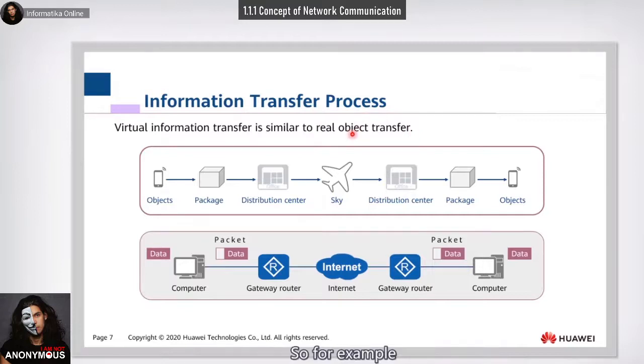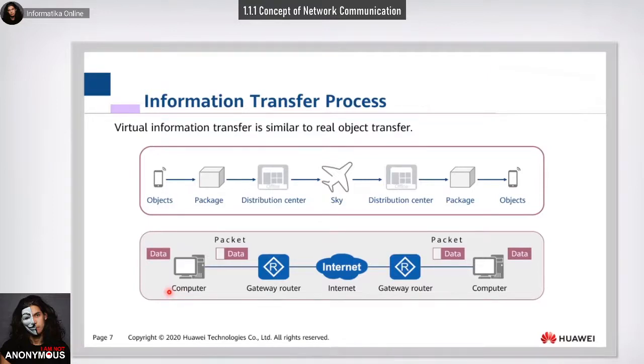In our real world, if an object is to be transferred to another place, it typically is packaged, then delivered to a distribution center, then put into an airplane to be delivered to another distribution center, and then depackaged. That's all, right? Similarly, information transfer in data communication networks also works like that.